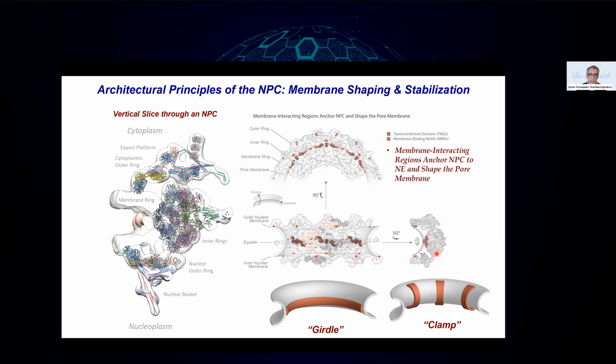So all this combination of luminal belt, girdle, and clamp is what seems to be allowing the NPC to generate the channel to stabilize and curve all these membranes of the nuclear envelope.